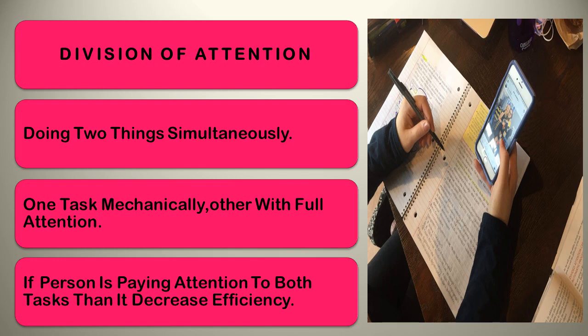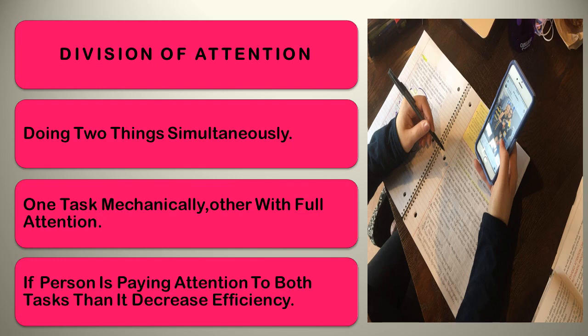In both these examples, the individual is performing one task mechanically, while paying attention fully to the other task. For example, eating or knitting is done mechanically, while the person is paying attention fully to the other task like reading a newspaper or watching TV.